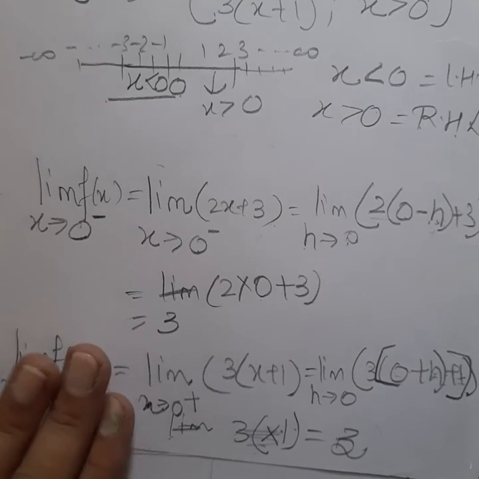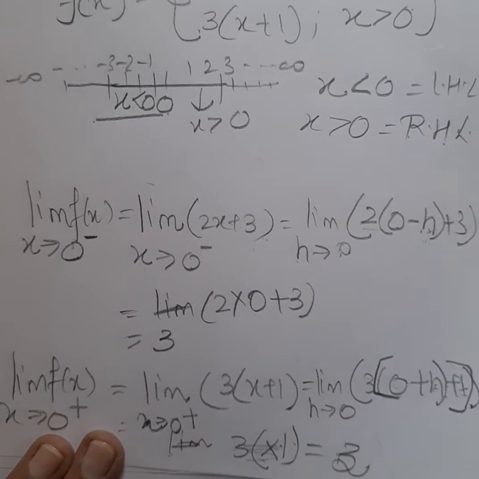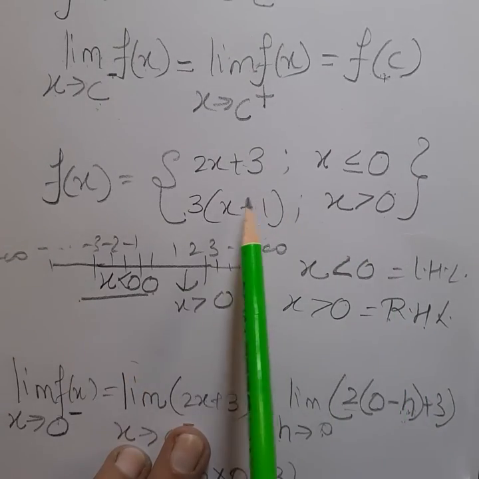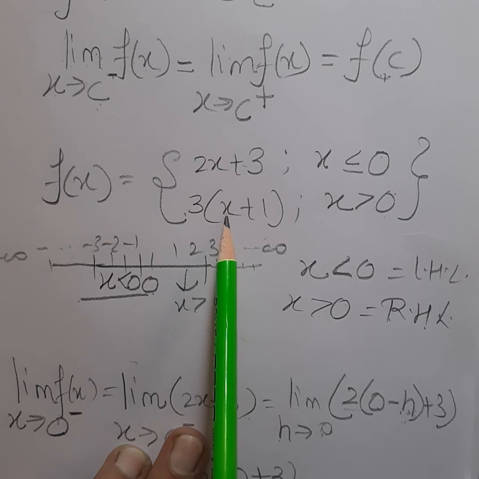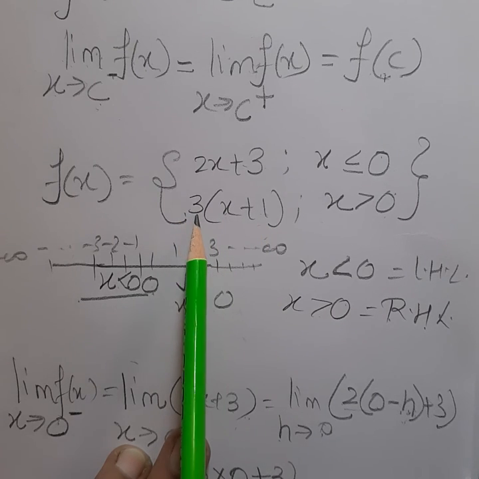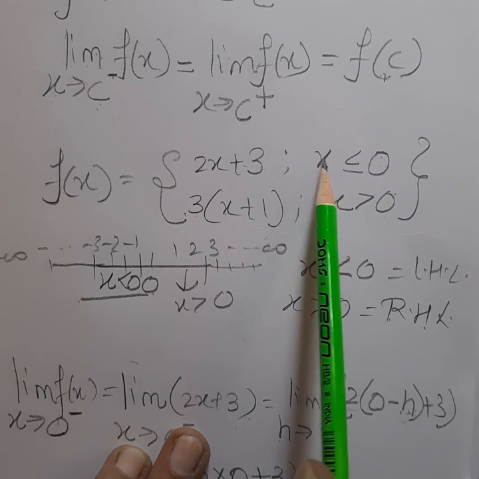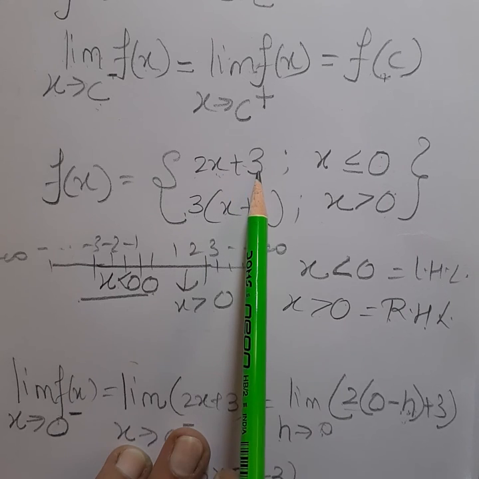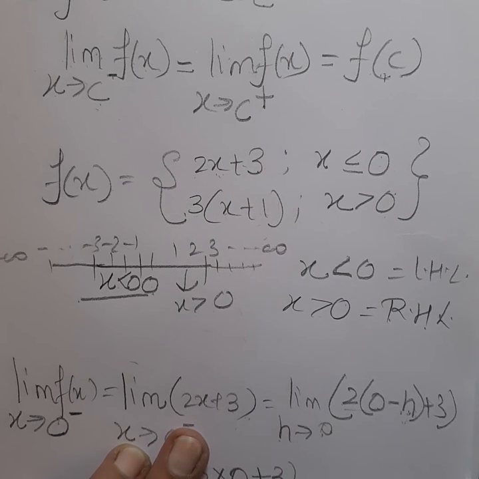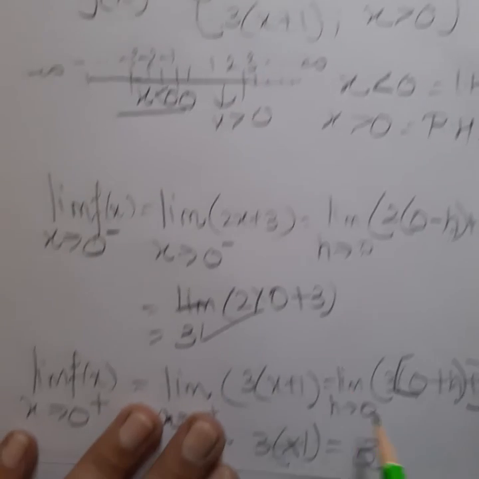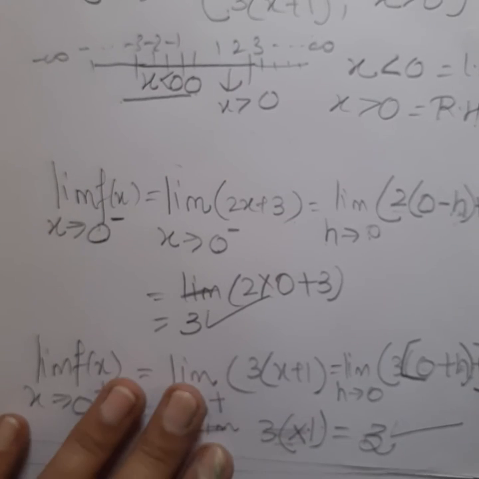So you can check directly: if we put x equal to 0 on the right hand side, then 0 plus 1 is 1, and 1 multiplied by 3 gives 3. If we put 0 on the left hand side, 2 multiplied by 0 is 0, and we get 3. So students, your left hand side is 3 and right hand side is also 3, which means the limit exists.